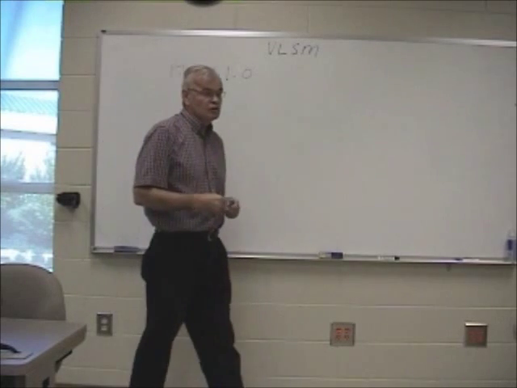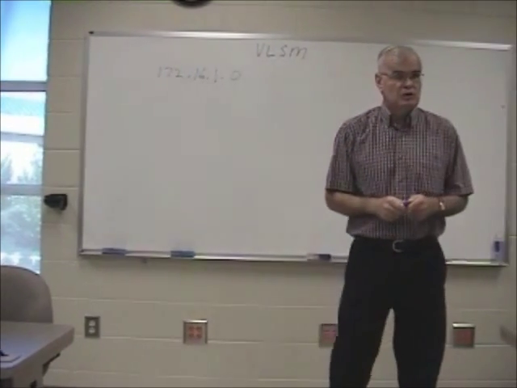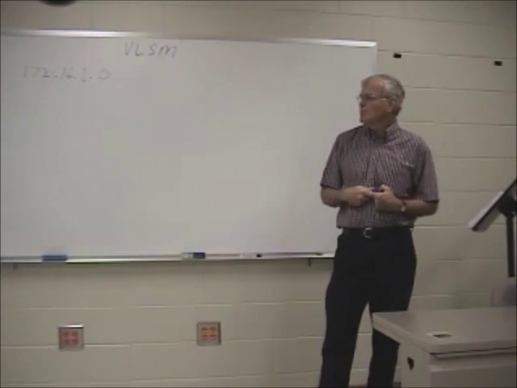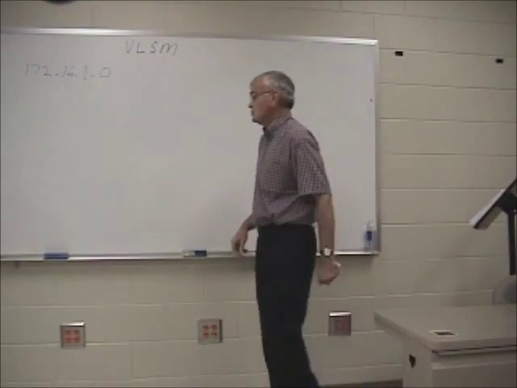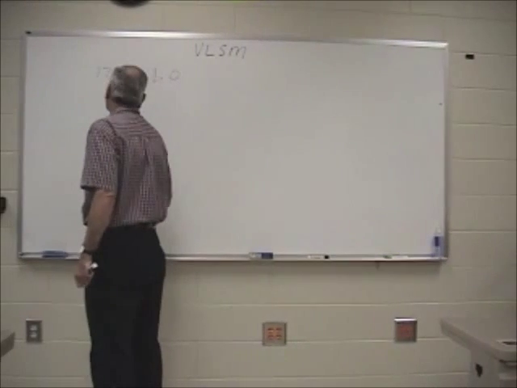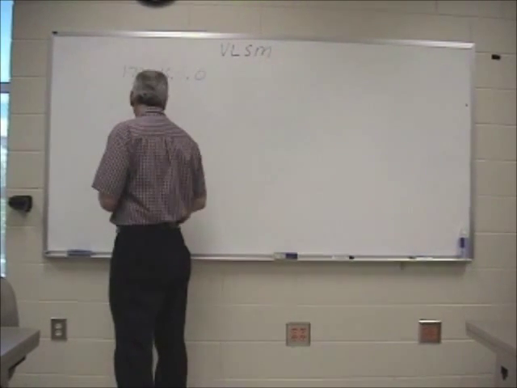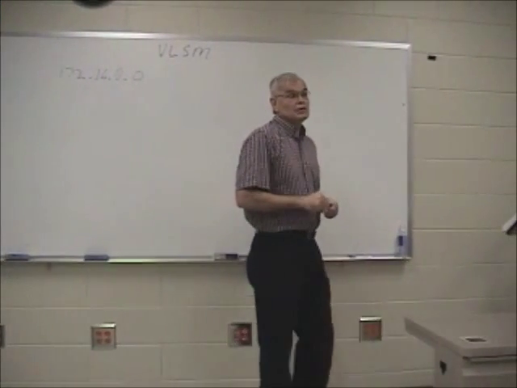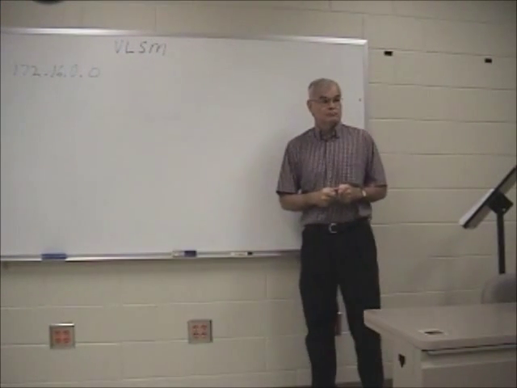So we got 172.16.1.0 as our network address. I don't really like that one either. I want the other one, .0. So we got a full level Class B address.